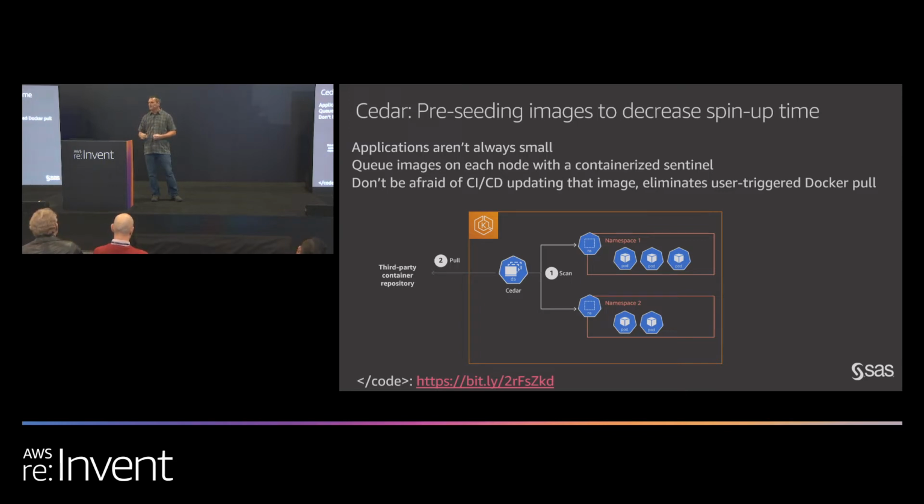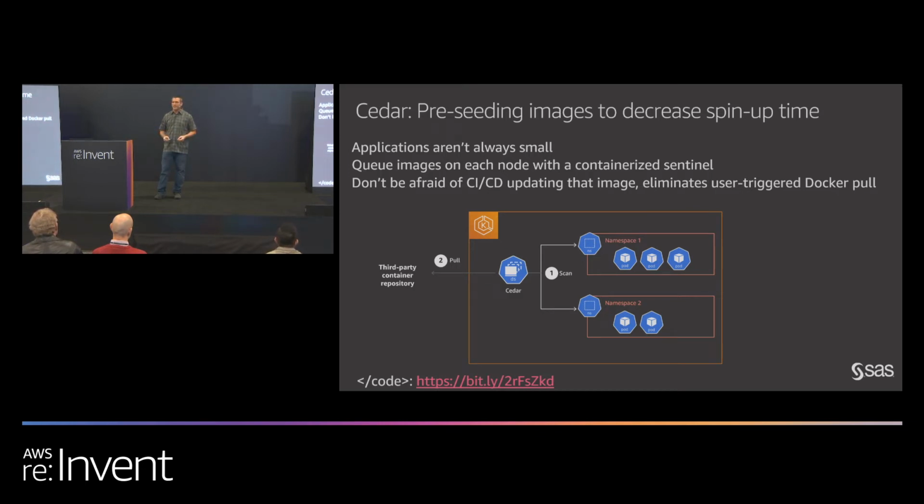It also could take time if you have a CI/CD pipeline that's updating that container on a regular basis. Each one of your deployed nodes needs to cache that information before it can start that pod back up. So these containers need to be on that node before the customer needs it.